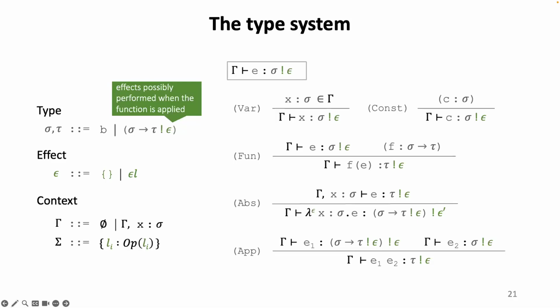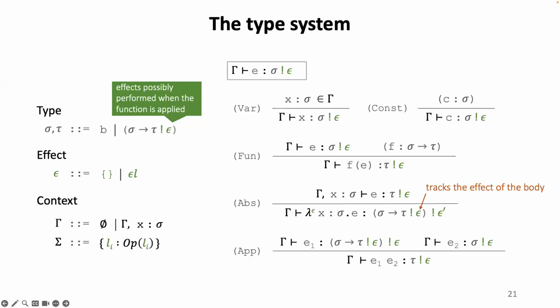One particular thing worth noting is that, because we are working with effects, the function type needs to track the effect of the body. So if in this case E can perform effects in epsilon, then the returned function type will need to remember that the function can perform epsilon when it is applied. We'll skip all the other rules because they are fairly standard.